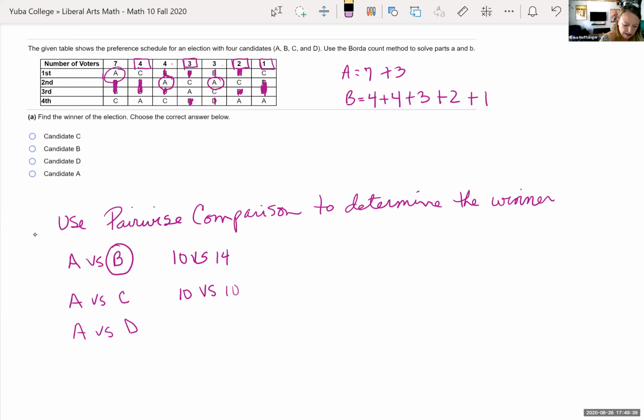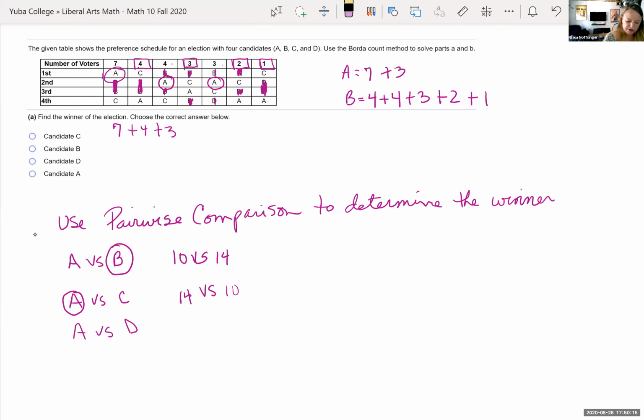So let me go back in. A would have been 7 plus 4 plus 3. I definitely counted wrong. So 11 plus 3, that's 14. Actually, A would have gotten 14. So A is the winner through that comparison.